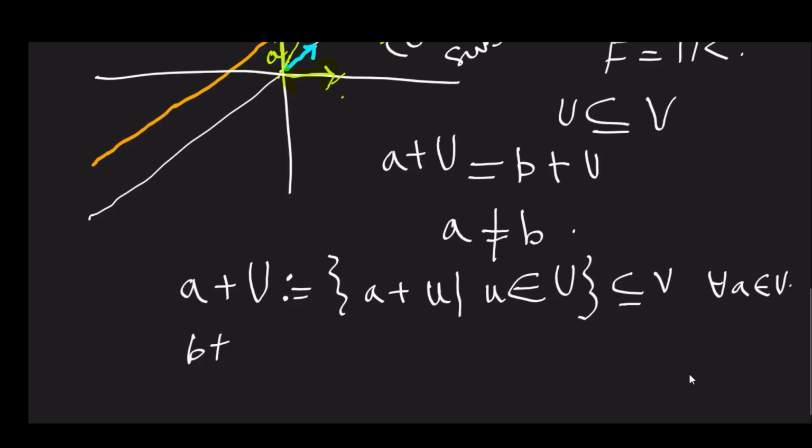Similarly, you can write for another vector, for all A belongs to V it already implies some other B belongs to V will also satisfy this, that B plus U is equal to the same.